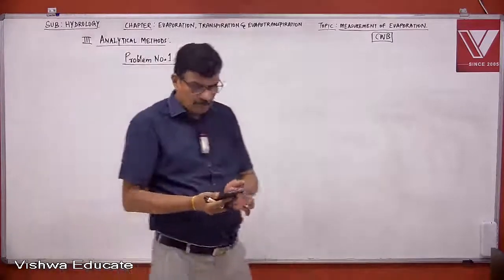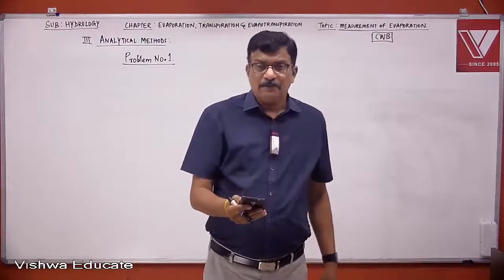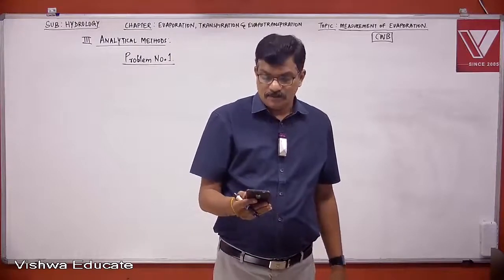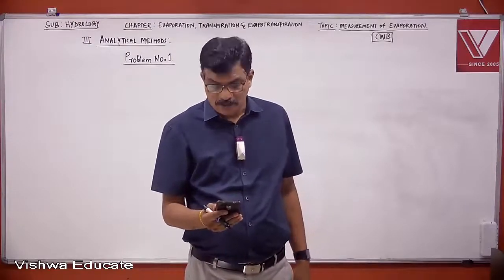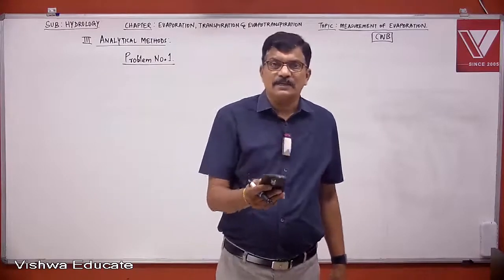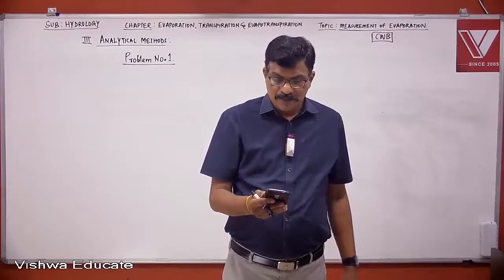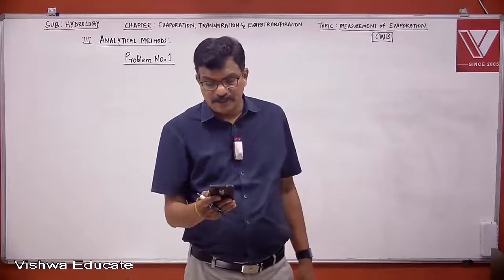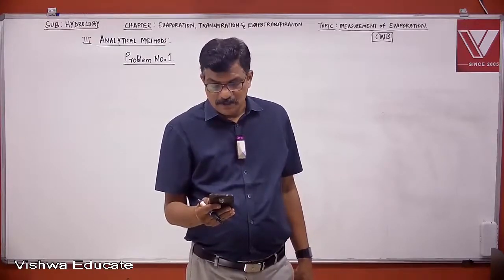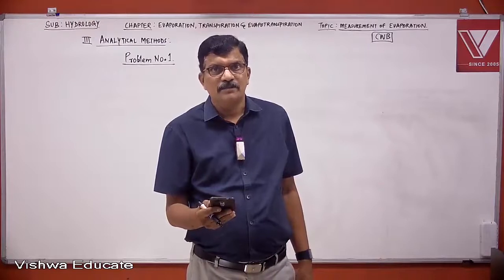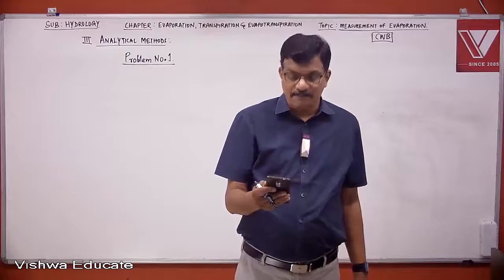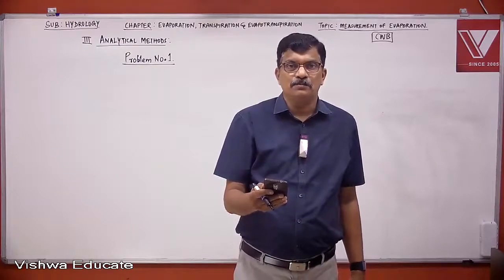I'll read out. In a particular area, the net radiation is 200 watt per square meters and the temperature is 25 degrees centigrade. At this temperature, the latent heat of vaporization is 2441 kilojoules per kg and the density of water is 997 kg per meter cube.